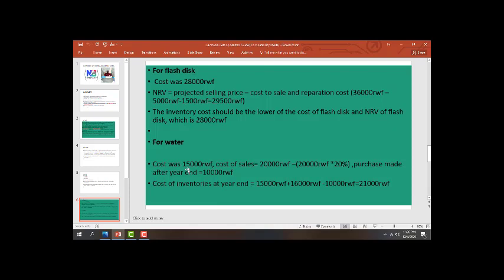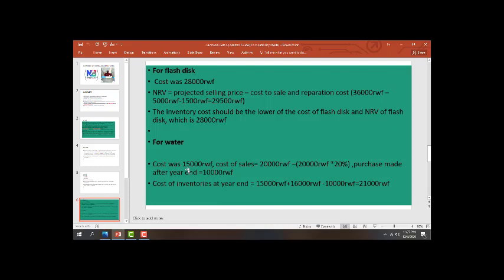For water, remember, we have been given the cost of water, which was 15,100 francs, but really this cost was measured after 1 week above year end.